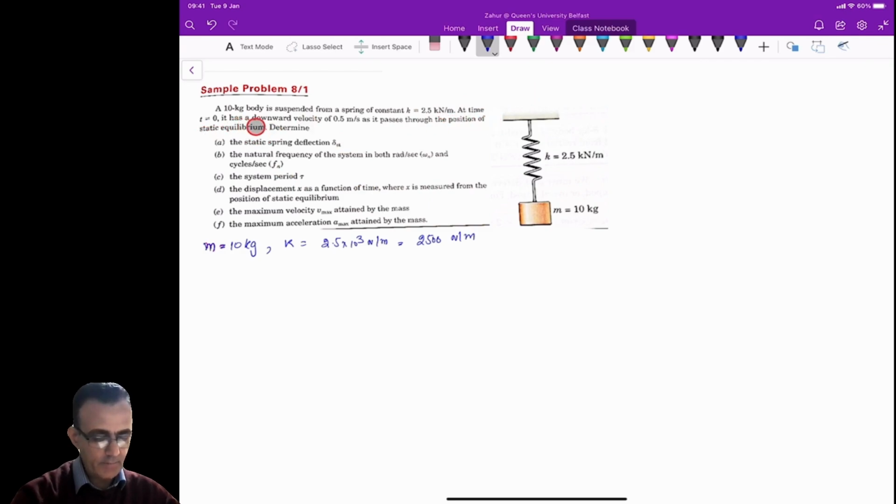At time t equals 0, it has a downward velocity of 0.5 meter per second. So this is the initial condition.